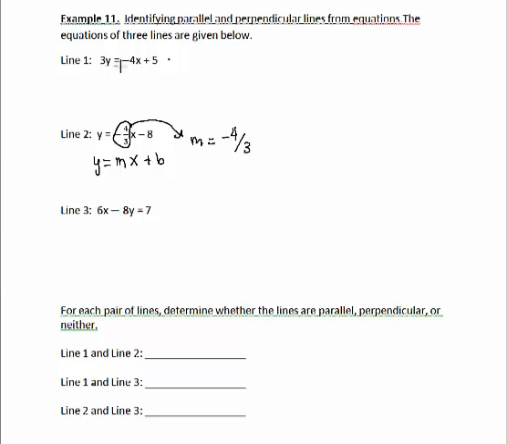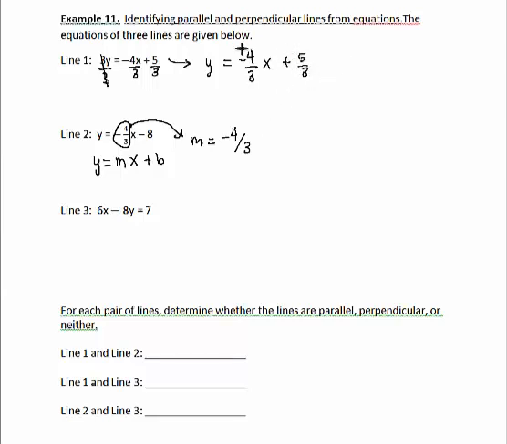Well, this one, the x is already on the right side, but we have this 3 sitting in front of the y. So what we do is we just divide the 3 to get rid of it. We divide everything in the equation by 3, and this gives us our y by itself on the left. And now we have a -4/3 in front of the x, and our y-intercept is 5/3.